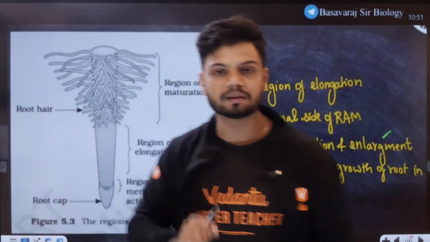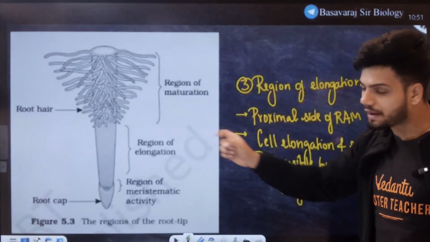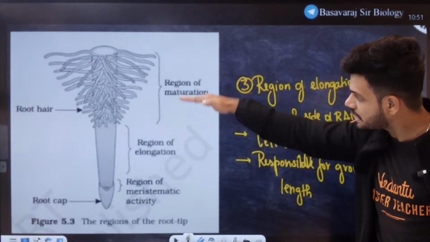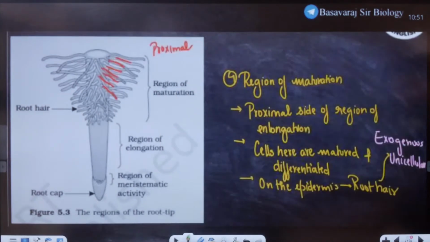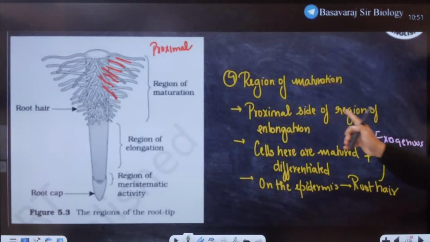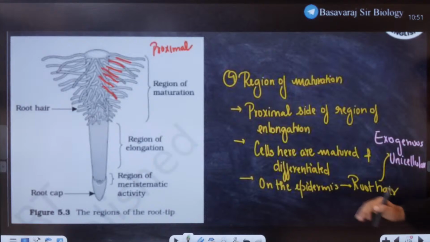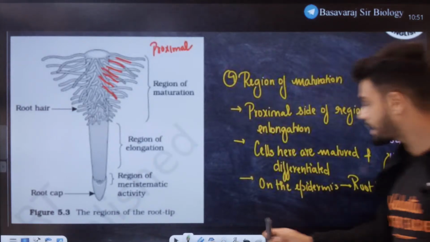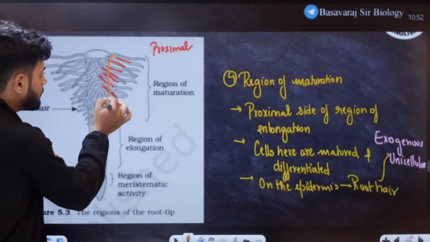Now students, tell me in the chat, which is the proximal end to the region of elongation? Proximal end is above: region of maturation. Cells here are mature and differentiated. On the periphery, the epidermis, can you see here? This is the region of maturation.